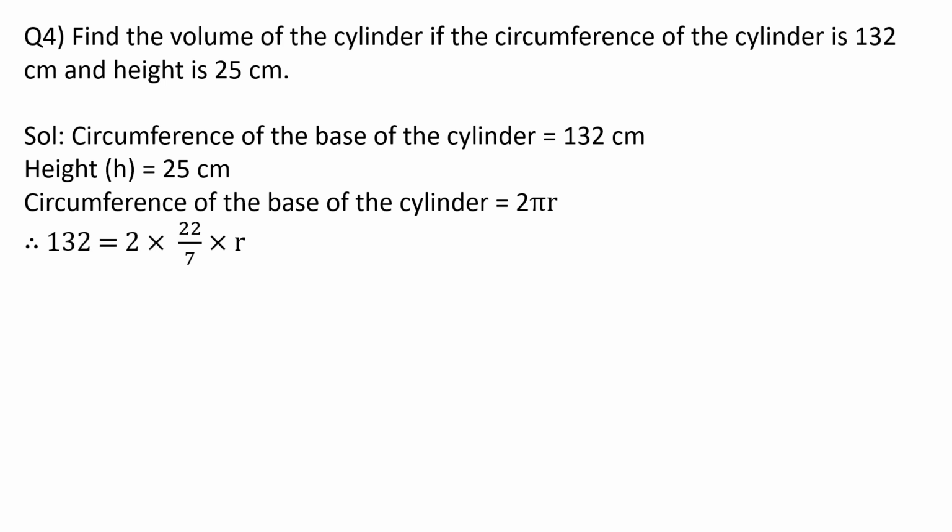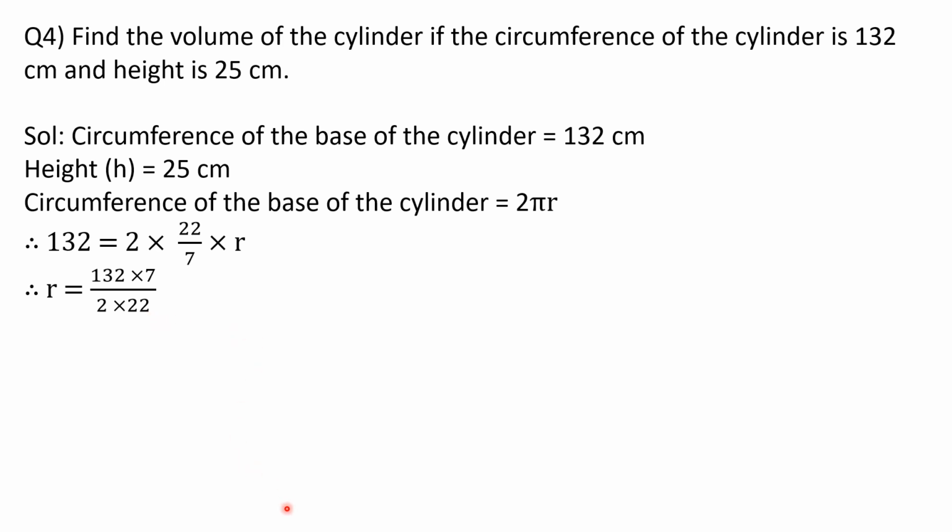Therefore 132 equal to 2 into pi's value 22 upon 7 into r, which we have to find. So the next step, r equal to, now this 7, if you move to this side it will multiply here, so it will become 132 into 7, and this 2 and 22 will come this side, going to the denominator, upon 2 into 22.